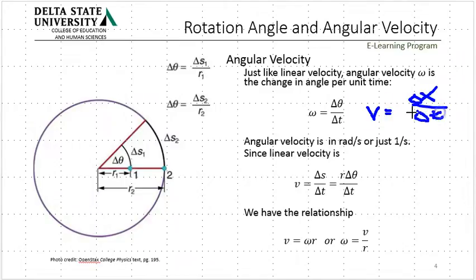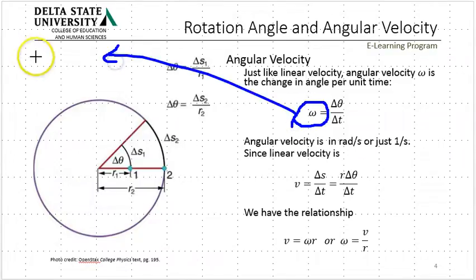Here we're talking about angular velocity. So angular velocity is delta theta over time, and this little symbol right here is the Greek letter omega, a lowercase omega.